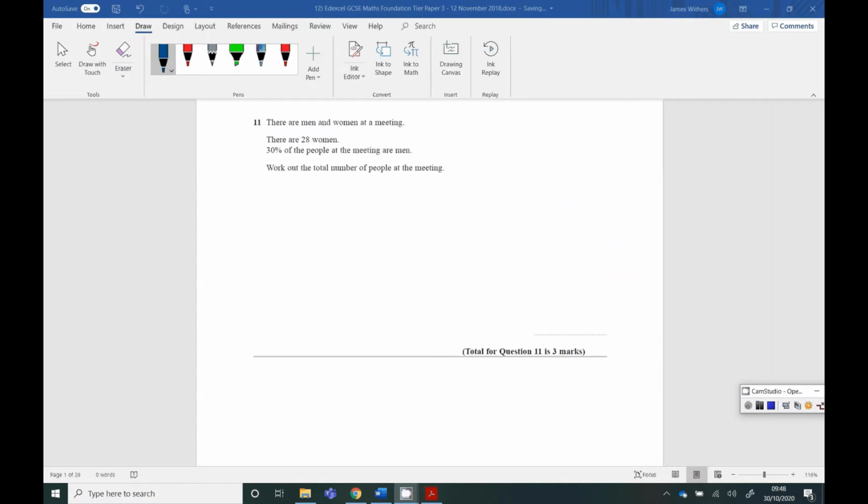So 30% of the people at the meeting are men, so that must mean that 70% at the meeting are women. Okay, so 70% are women and 70% is the 28 women. Now, we want to work out the total number of people who are at the meeting.